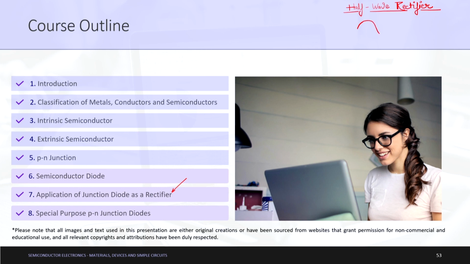Let us say that this is the input AC voltage given to us. Then the output voltage is obtained like this.